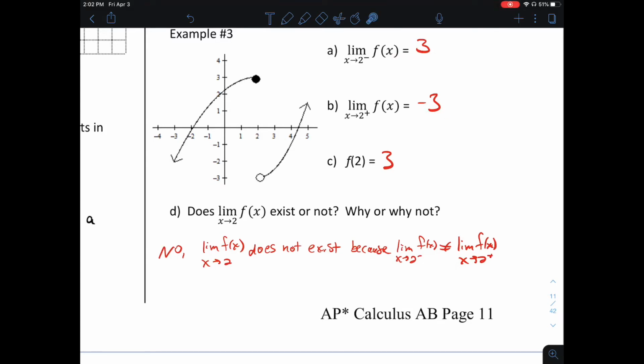They are approaching different numbers, 3 in one case and -3 in another.